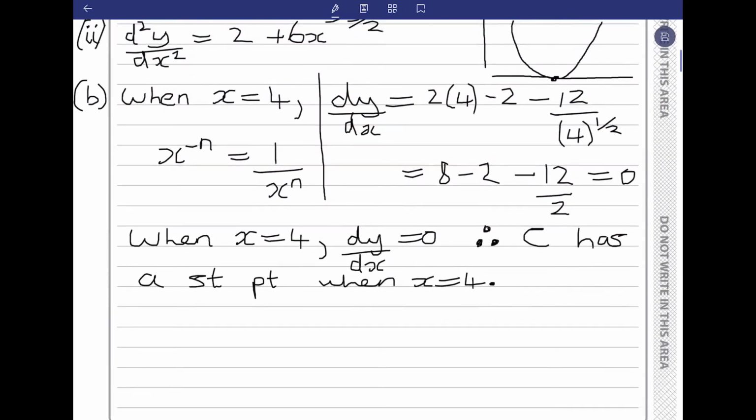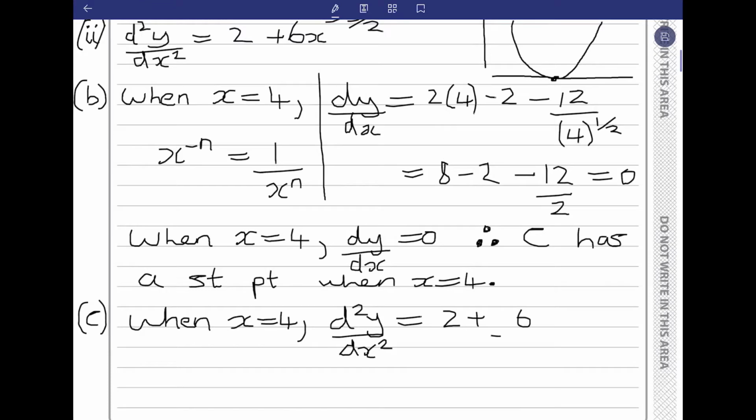Part C: when x equals 4, d squared y by dx squared equals 2 plus 6 over 4 to the 3 over 2.